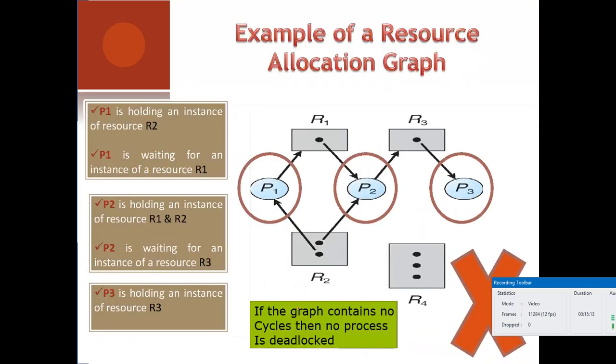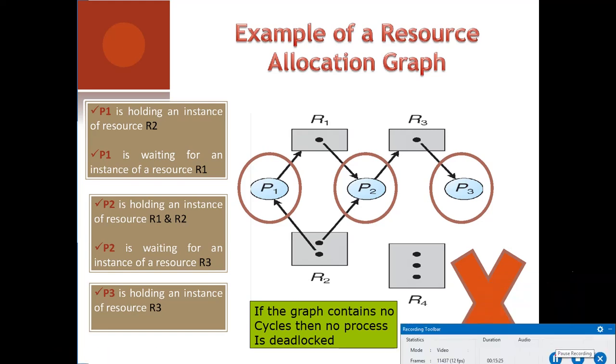Okay, going further. So example of a resource allocation graph over here. First of all, let's understand this graph. Now this is a graph consisting of process, resource and edges. Now what are the processes?